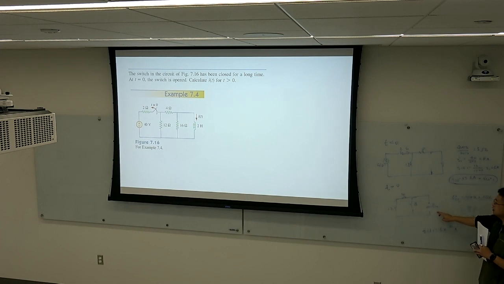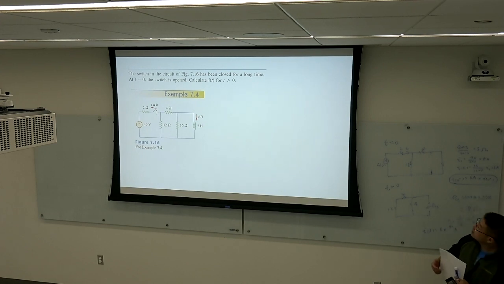So the R equivalent equals 8 ohm. So we have the value for L and we have the value for R. So we can calculate tau equals L over R. So this is 1 over 4 seconds. And we plug into the equation: the 6 is the initial current, and e to the power of negative 4t. That's the inductor current.